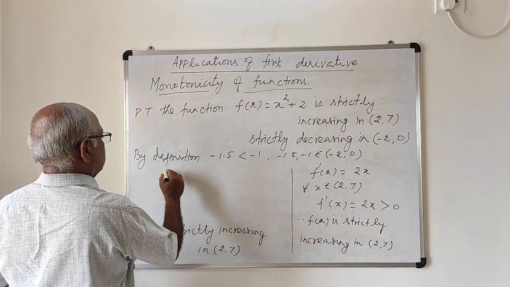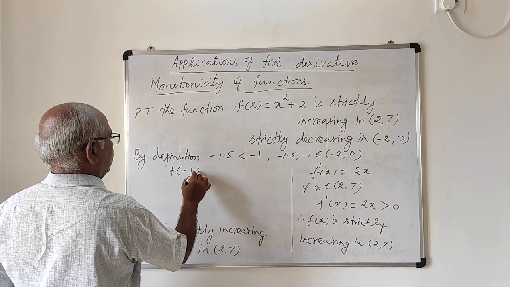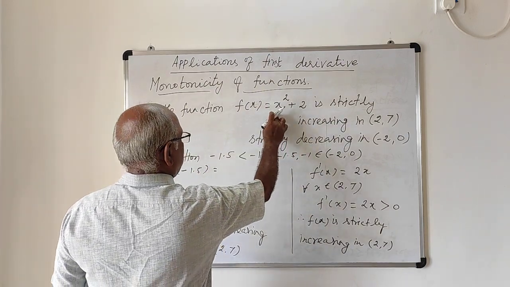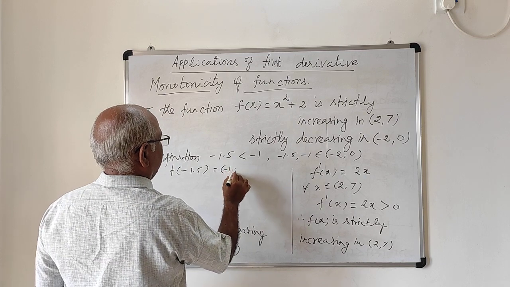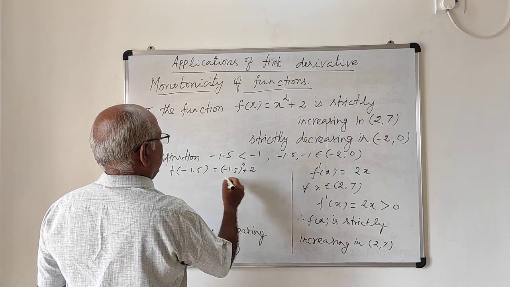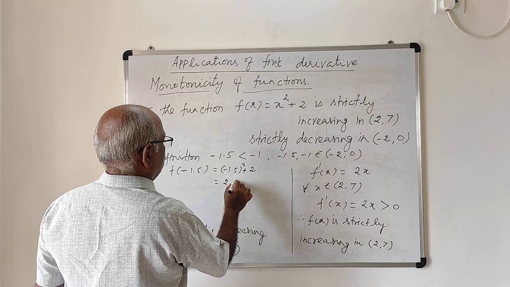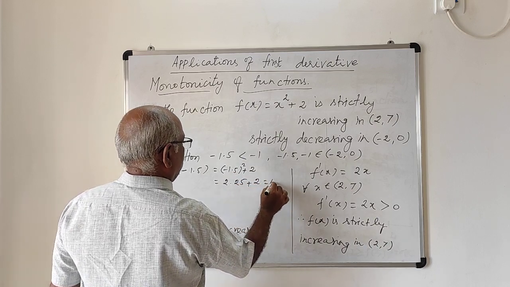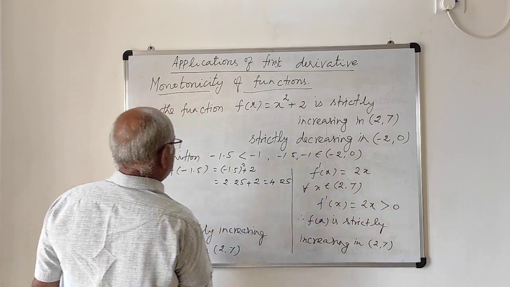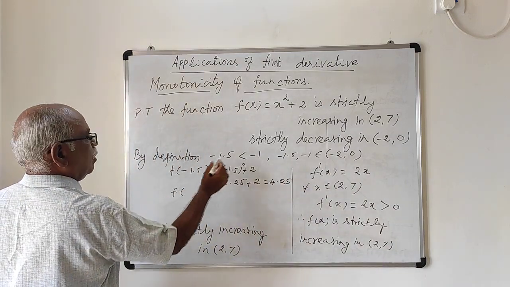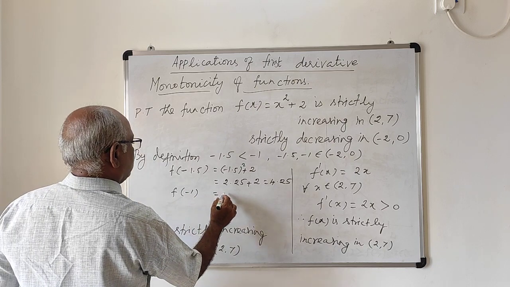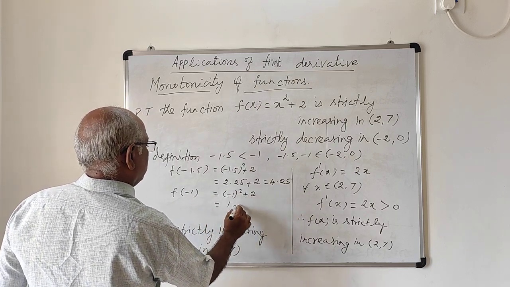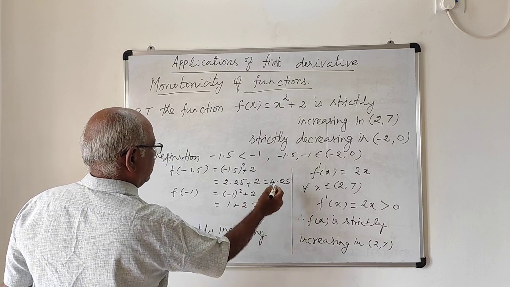What is f of minus 1.5? Minus 1.5 square is 2.25, plus 2, that is equal to 4.25. Similarly, f of minus 1 is equal to minus 1 square plus 2, that is 1 plus 2, equal to 3.